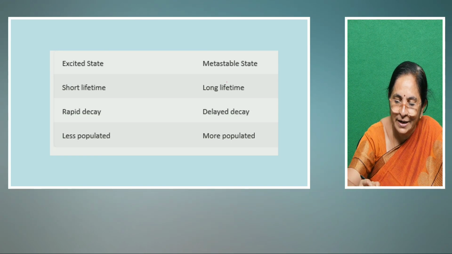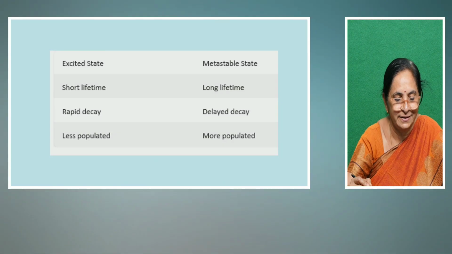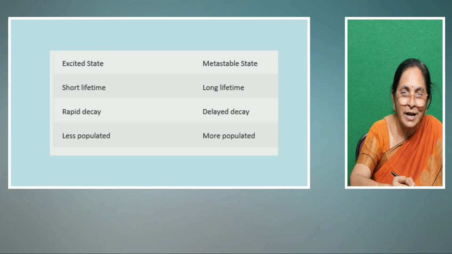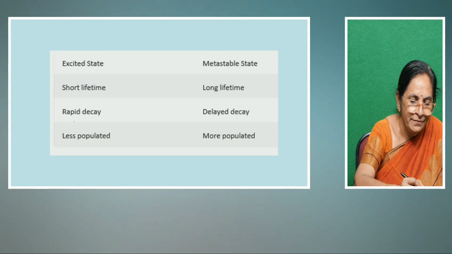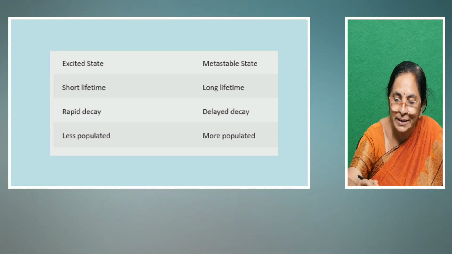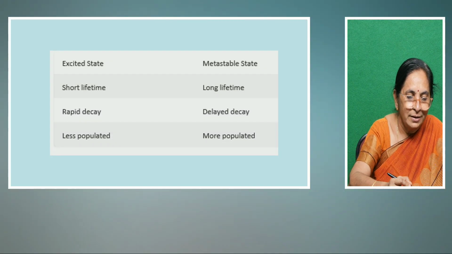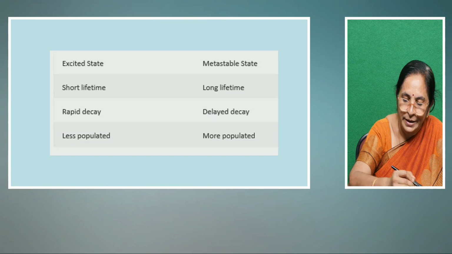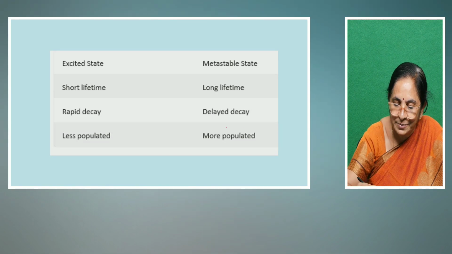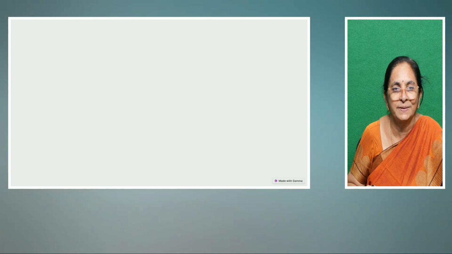In the metastable state, the atoms have a little longer lifetime, equal to 10 power minus 3 seconds. When the atoms are in the excited state, they undergo rapid decay, whereas in the metastable state their decay is delayed because of the longer lifetime. The excited state will be less populated, whereas the metastable state will be more populated due to the presence of impurity atoms.